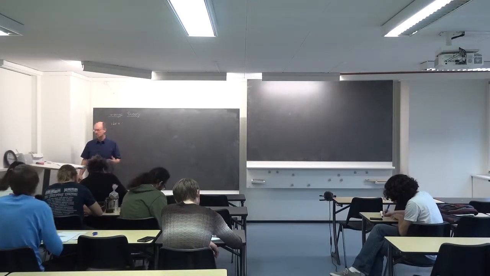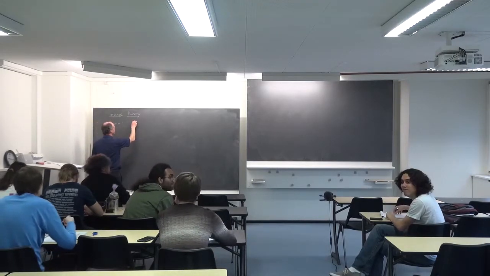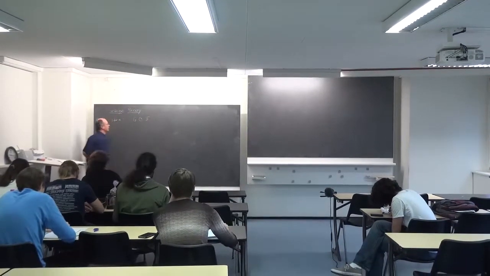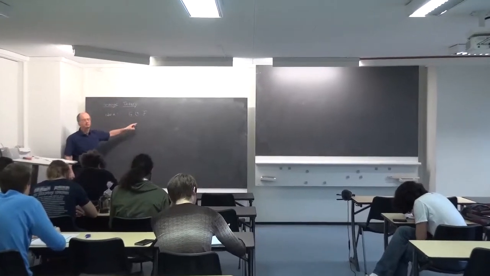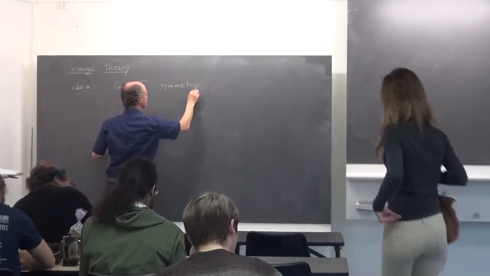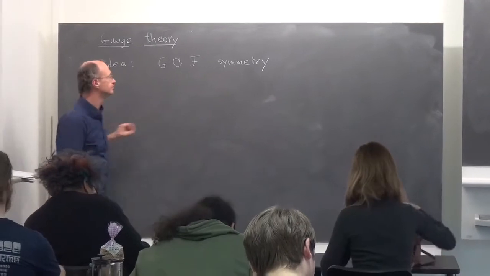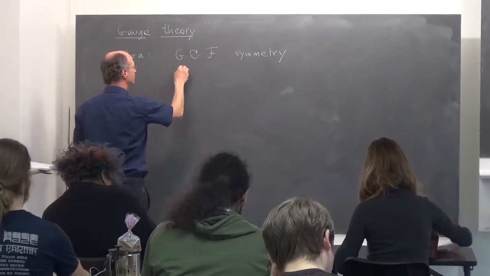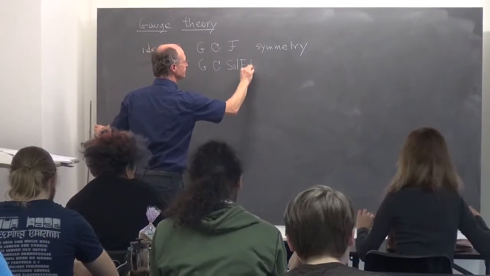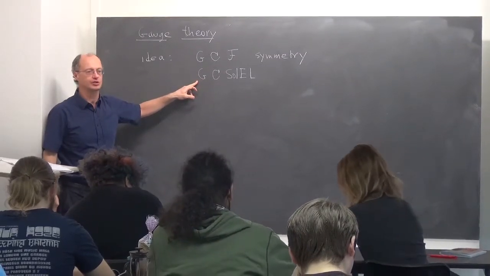Of course, one can approach it in many different ways, but one way to think about it is as follows. We have a field theory, and in this field theory we have a symmetry. So we know that if we have a symmetry, the symmetry acts on the fields, and it acts on solutions of the Euler-Lagrange equations.